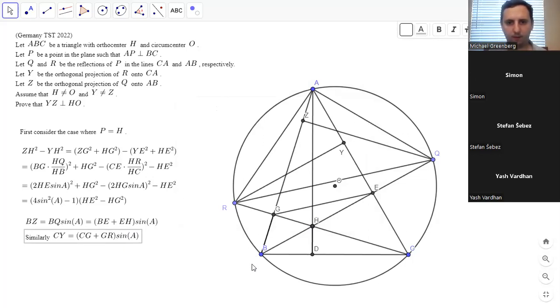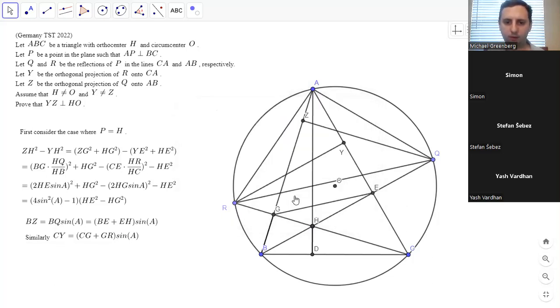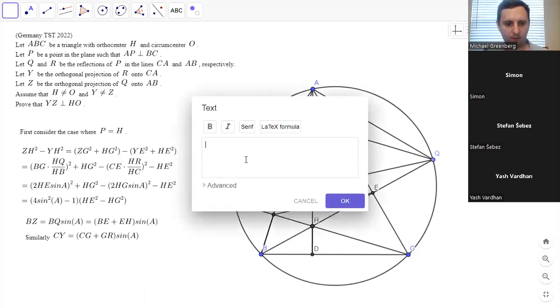And then AB. AB is BE sine A. So actually, let me just rewrite, oh no, AB is BE over sine A. And AC is CG over sine A. Let me just do it like this.